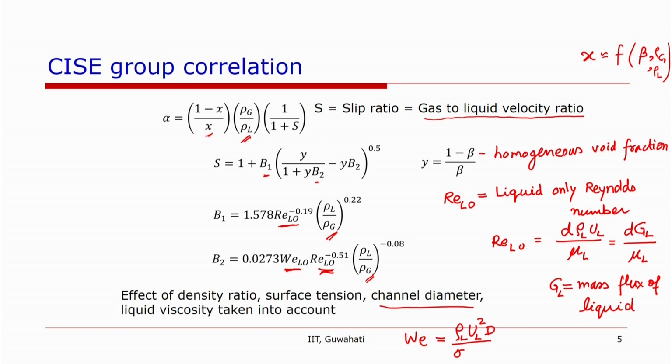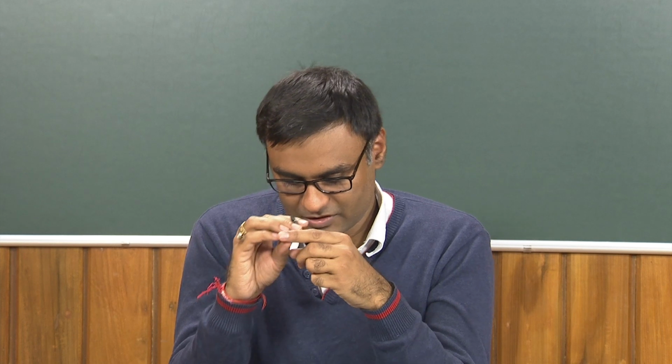So, one would expect that this correlation might work for low diameter or small diameter channels. Let us look at some of the literature that people have found.